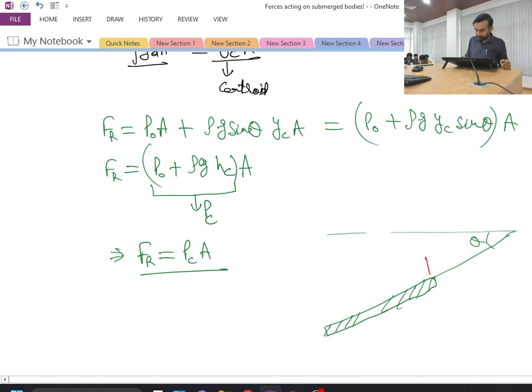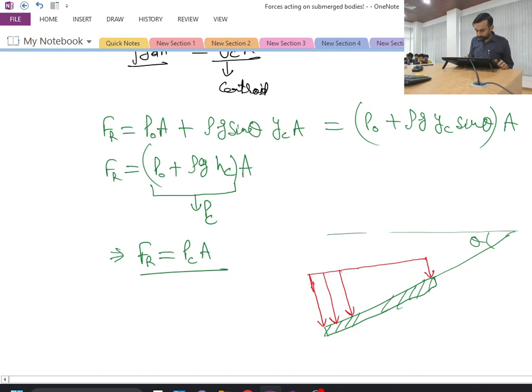Here I will have some magnitude of the pressure. As I move towards the other end, at the deeper locations, the magnitude of the pressure will be more. So this will be my pressure profile.